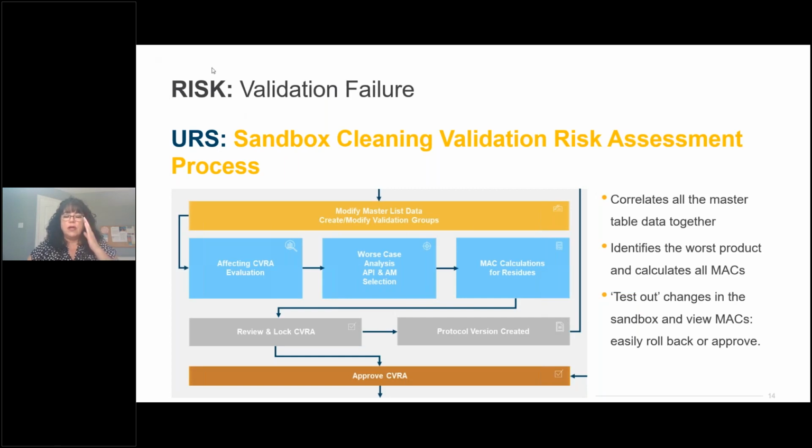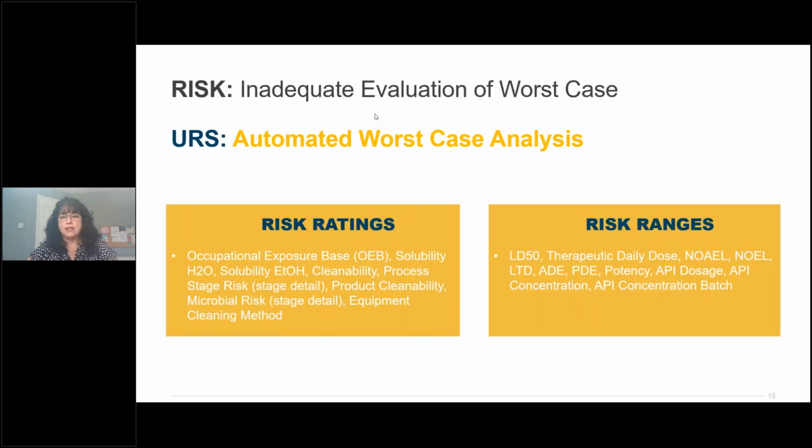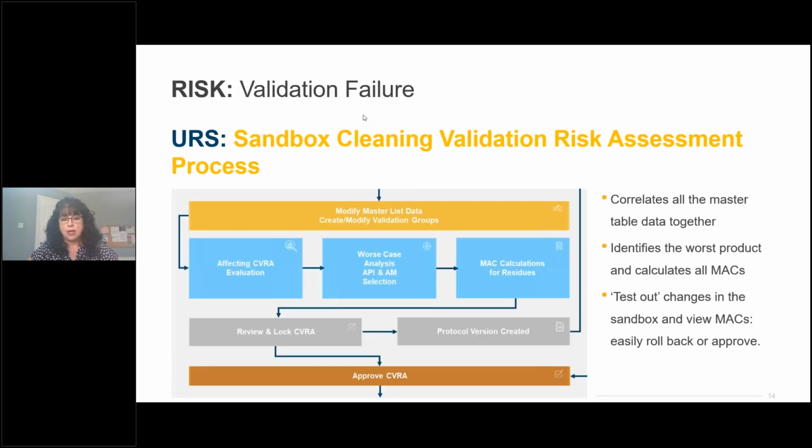So to continue on validation failure, we have a sandbox cleaning validation risk assessment process. This sandbox provides a clear picture of your current state, and on a day-to-day basis, changes and risk assessments to the manufacturing process are easy to assess and validate.